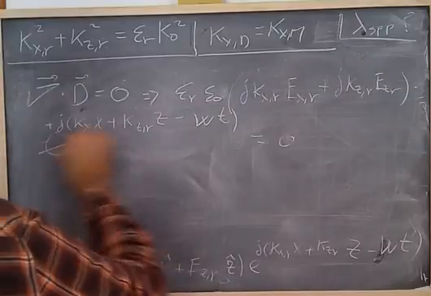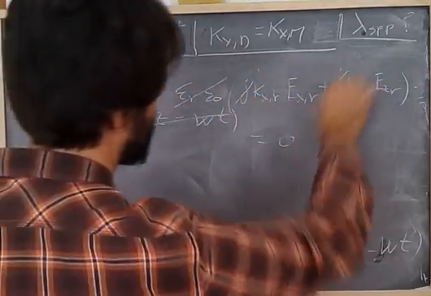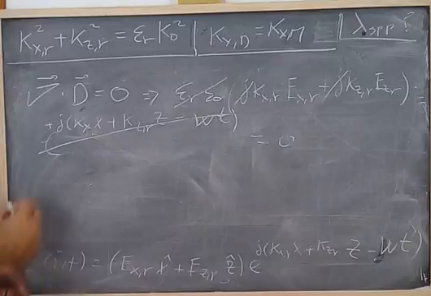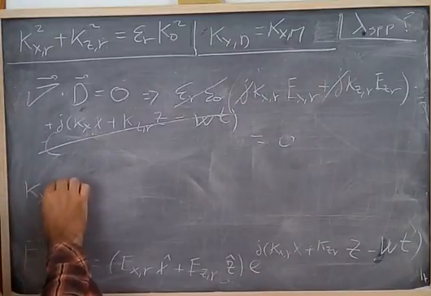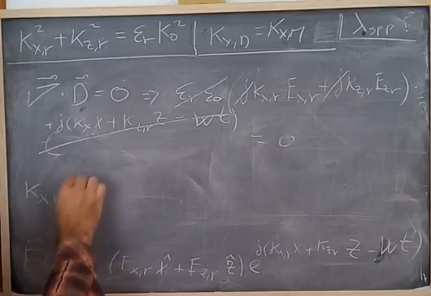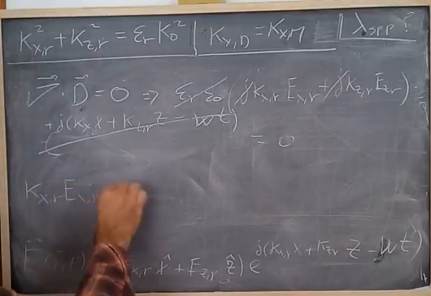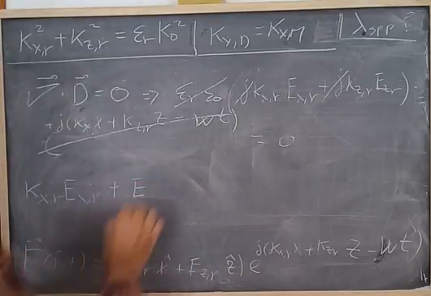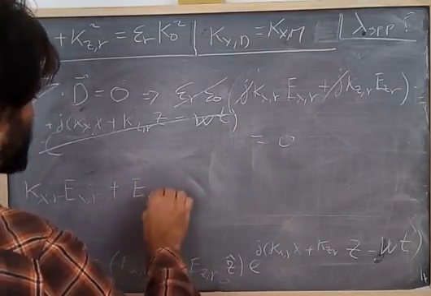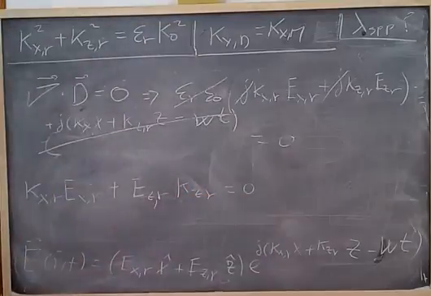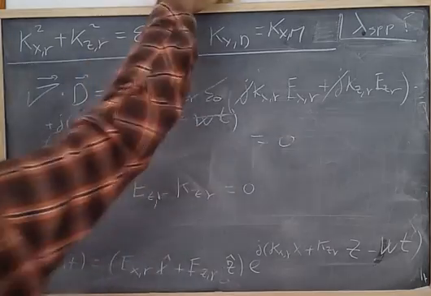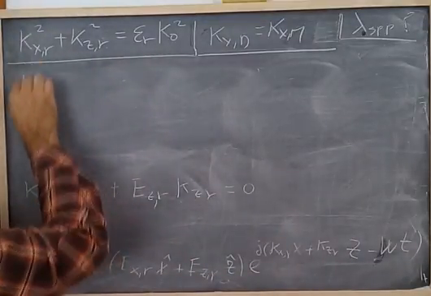I can simplify the exponential. So I have at the end kxr Exr plus kzr Ezr equals 0. This is another condition. So I can rewrite this.